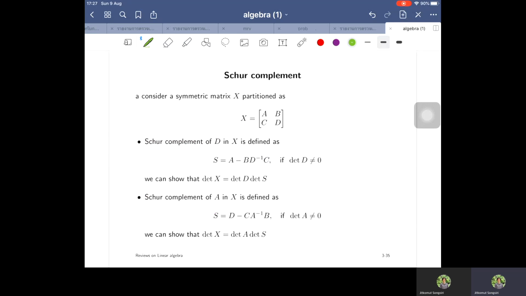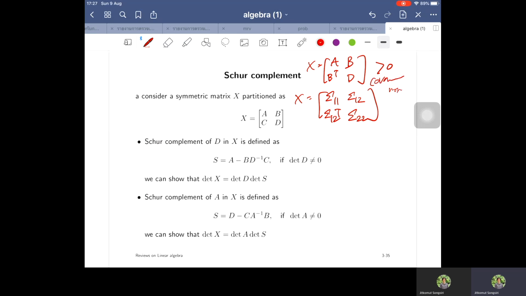The second one is that if X is positive definite, actually let me call it X equals sigma 1 1, sigma 1 2, sigma 1 2 transpose, sigma 2 2. If X represents a covariance matrix, the Schur complement is given by sigma 1 1 minus sigma 1 2 sigma 2 2 inverse sigma 1 2 transpose.